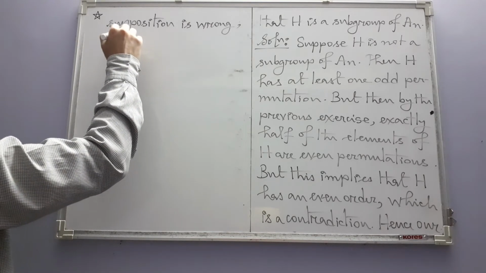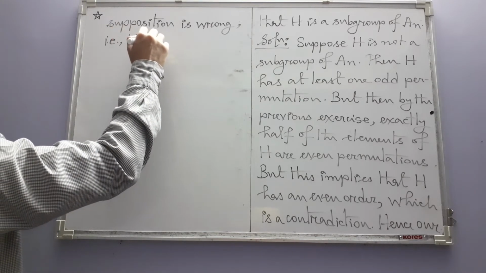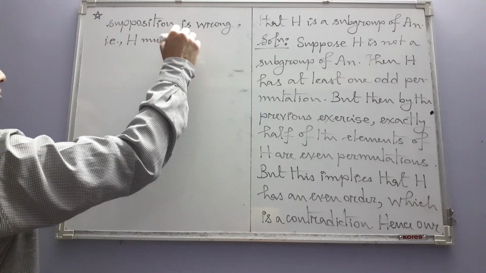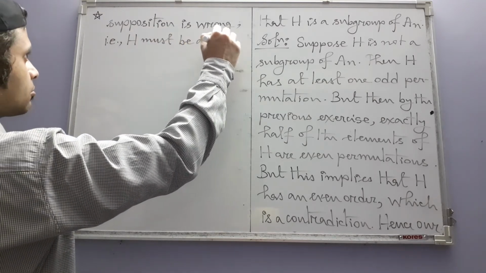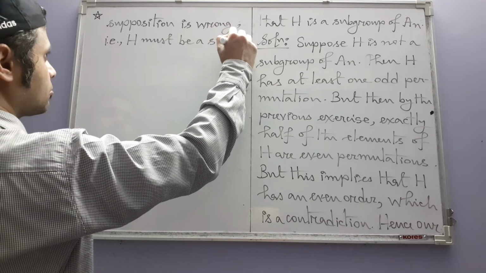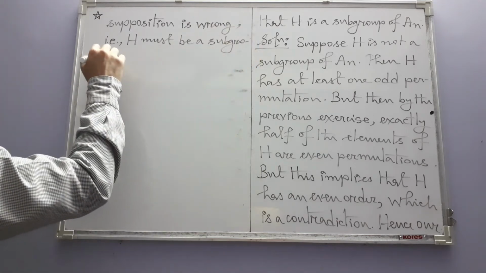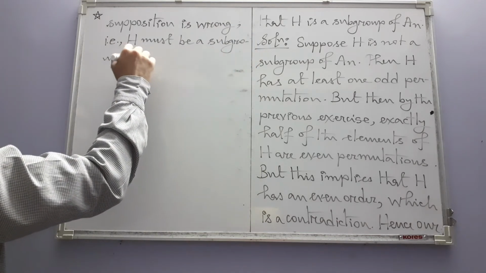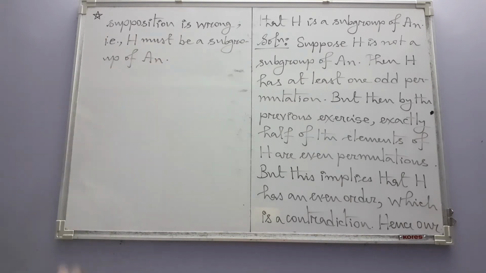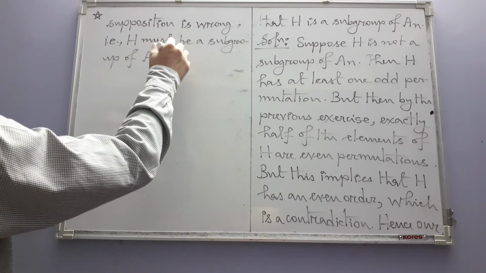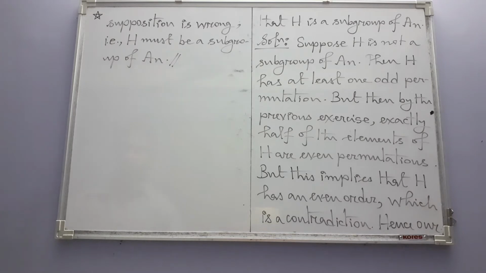That is, H must be a subgroup of An. This completes the solution, and let's just do one more.